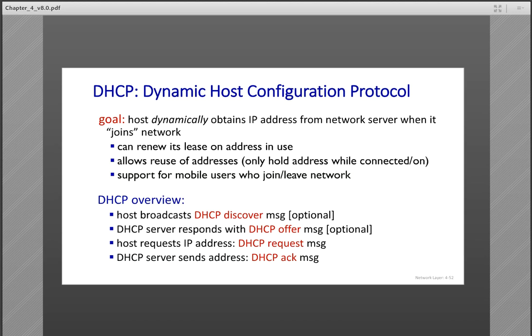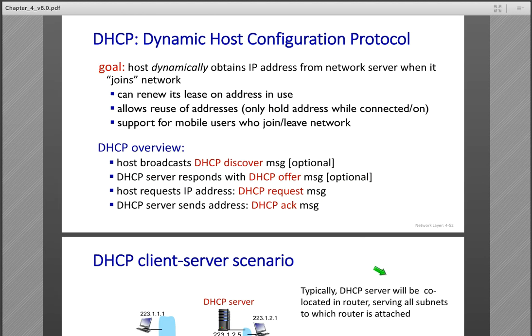But how does it work? How does DHCP work? Firstly, the host broadcasts a DHCP discovery message. The DHCP server will respond to this discovery message.